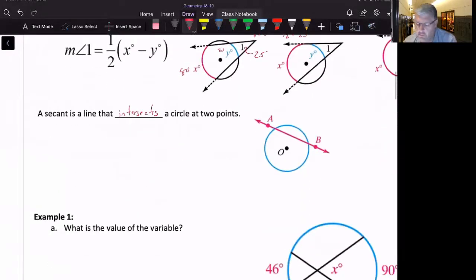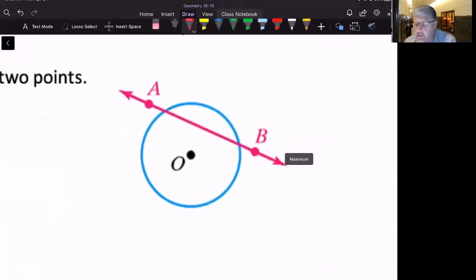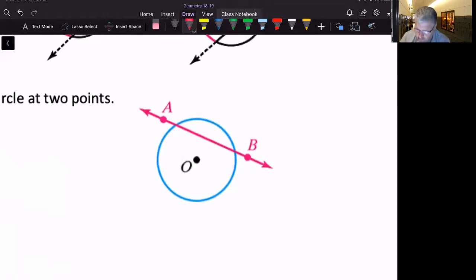A couple quick terms, or one quick term, a secant. A secant is a line that intersects a circle at 2 points. So we put points C and D right there. Segment CD is just a chord.